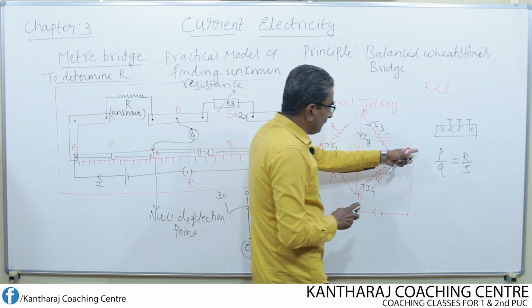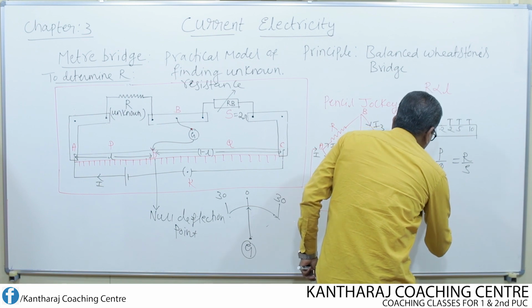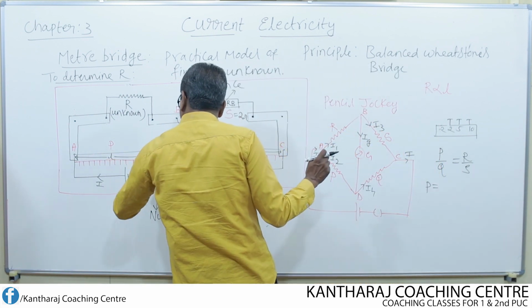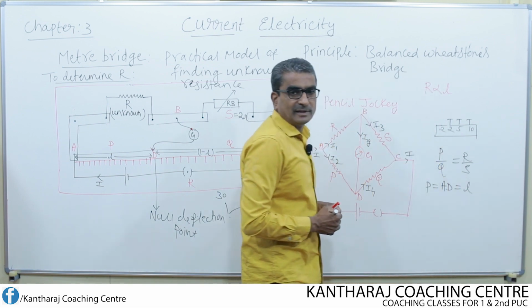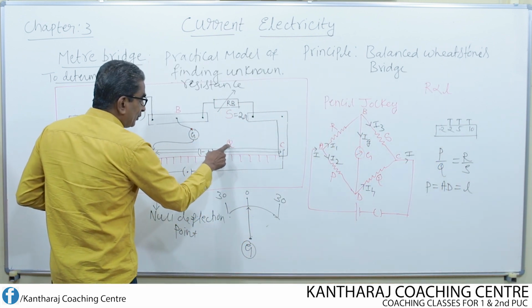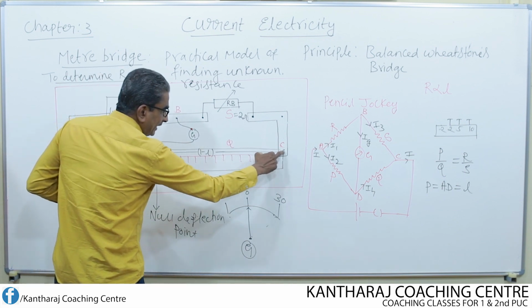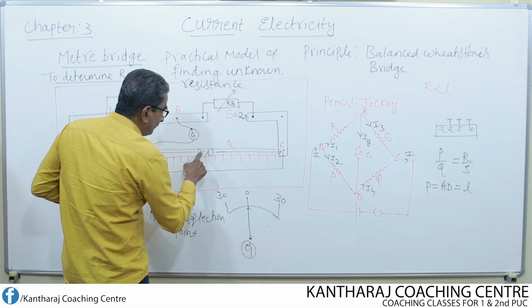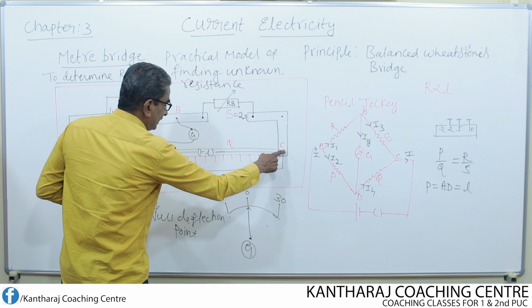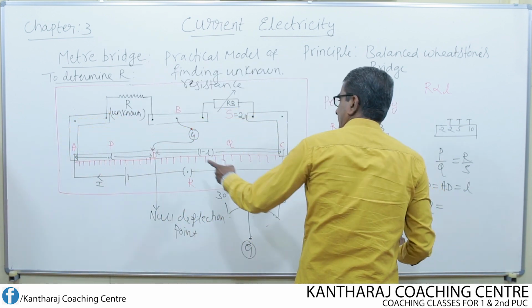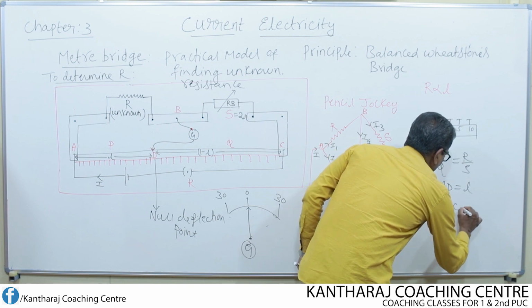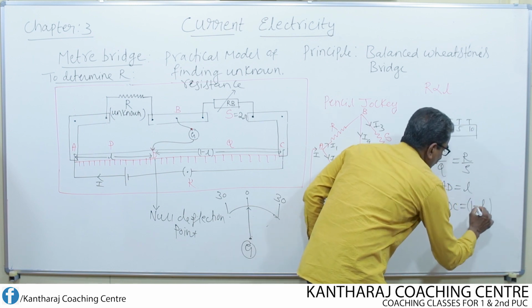So here I can replace P: P equal to AD equal to L. Then what is the value of Q? Q equal to DC, which is equal to 1 minus L. From D to C, the length is 1 minus L.